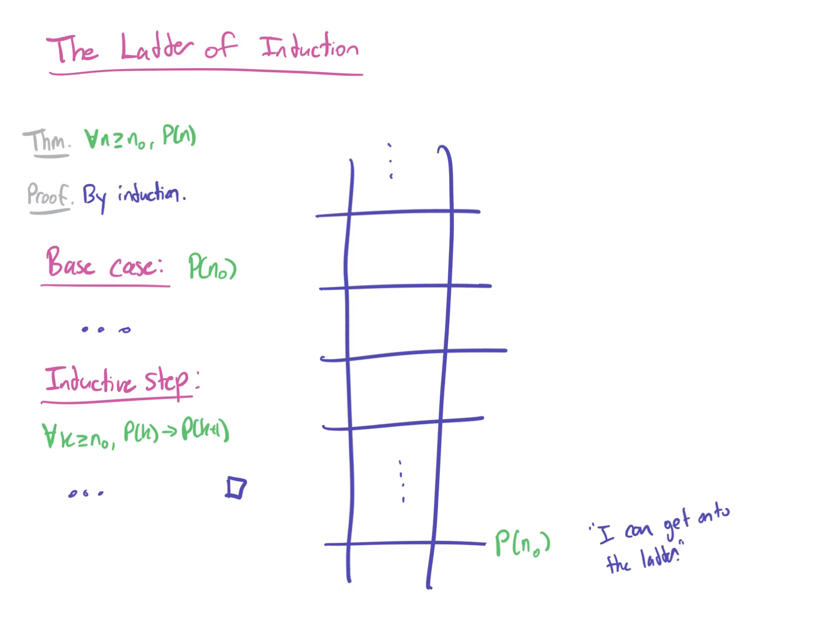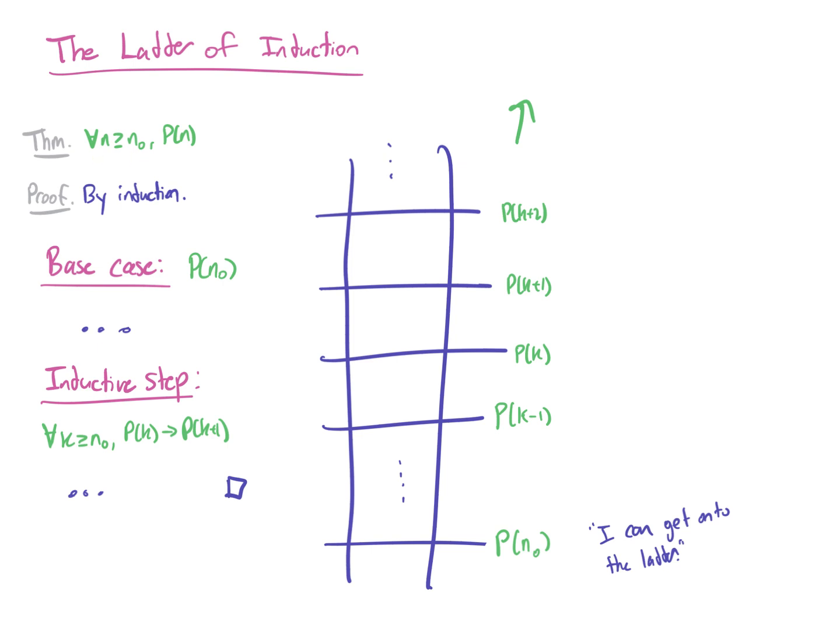Now, what my theorem says is that it's not just that P of n naught is true, but also for every k larger than n naught, P of k is true. So for example, here's P of k plus 1, P of k plus 2, and all the way upward to infinity. Each rung corresponds to a different mathematical statement, one for each possible value of k, and there are infinitely many of them because I'm talking about all possible n's that are larger than my base case.